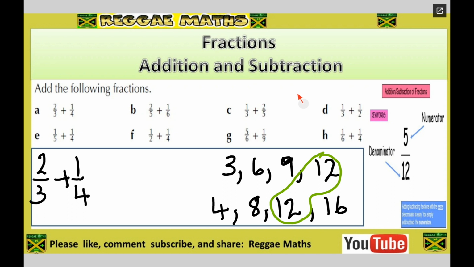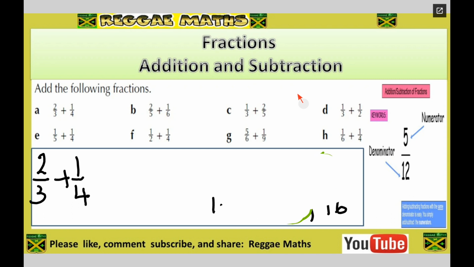So I'm going to write the fractions now, with denominator 12 over 12.